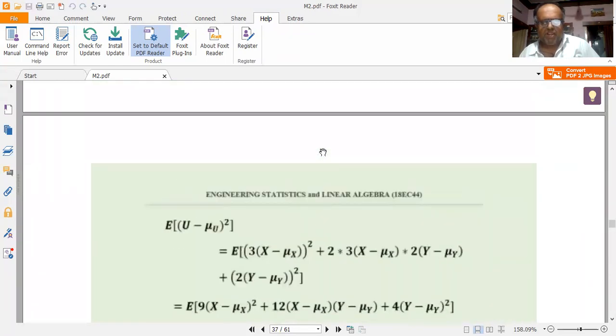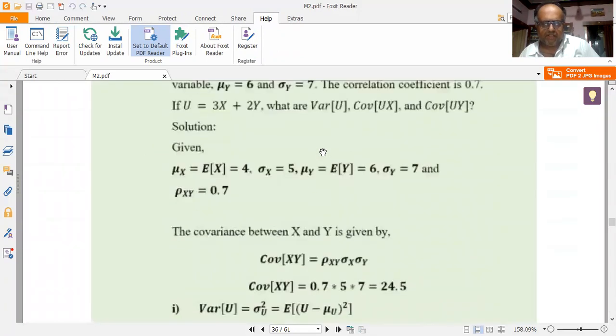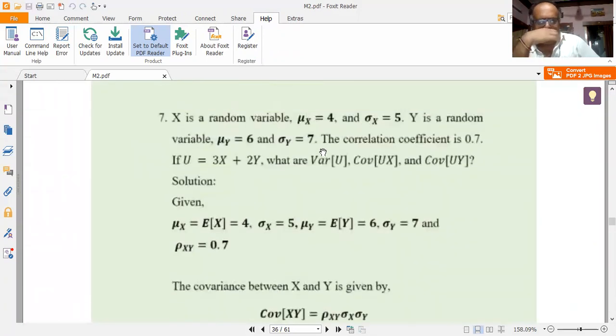We need to just make algebraic simplifications and do it, nothing else. Okay. So second problem is, if x is a random variable having mean mu x is equal to 4 and sigma x is equal to 5, then y is a random variable with mu y is equal to 6 and sigma y is equal to 7.